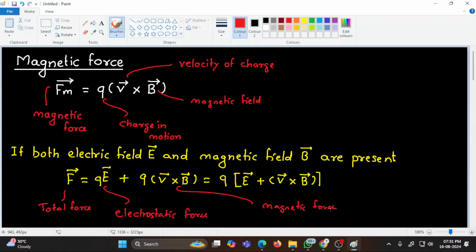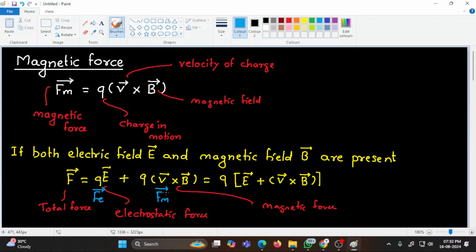Justification for this law can be found in experiment shown in the figure, and this force is known as Lorentz force. Fe bar, if we call this force as Fe bar, this is electric force, and this is Fm bar, which is magnetic force.